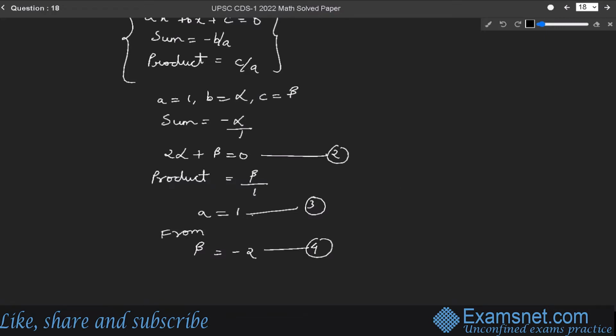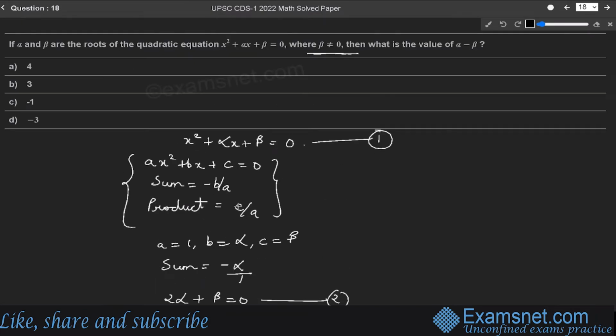This is from 2 and 3. Now we have to find the value of alpha minus beta. So alpha minus beta will be 1 minus minus 2, which will be 1 plus 2, which gives 3. So the value of alpha minus beta is 3 here. So the correct option for the question is option number B.